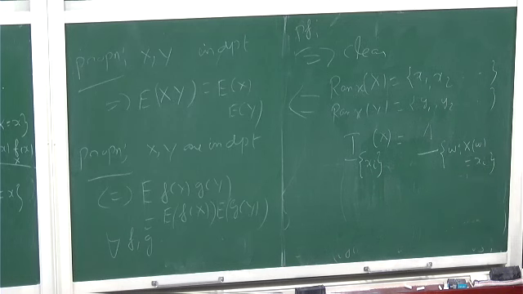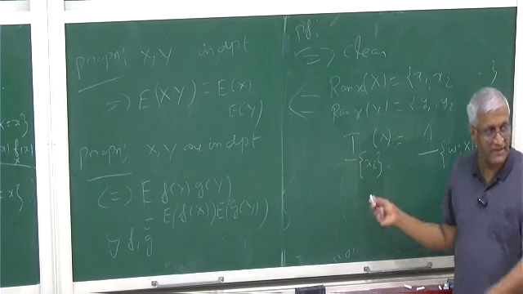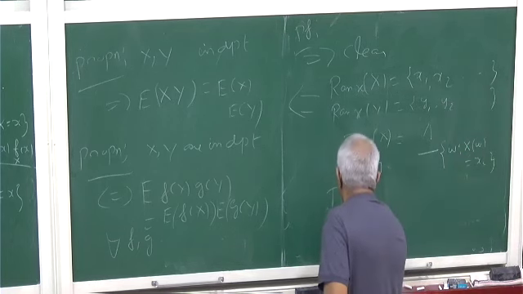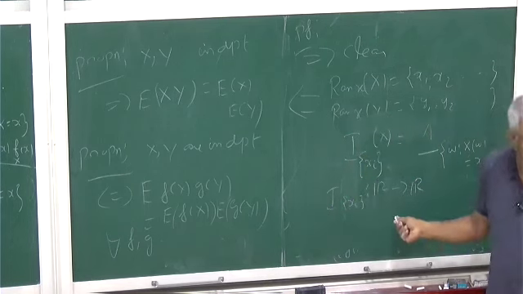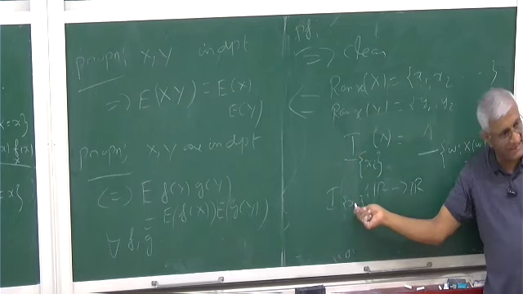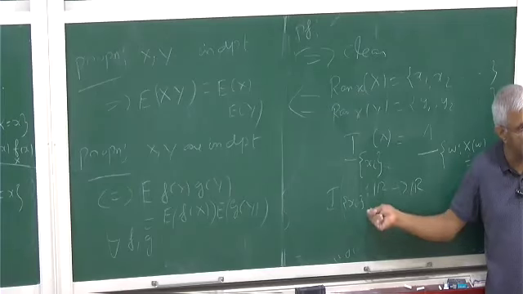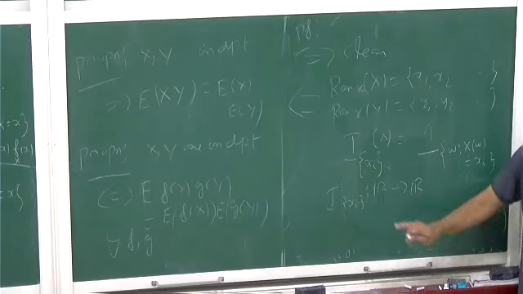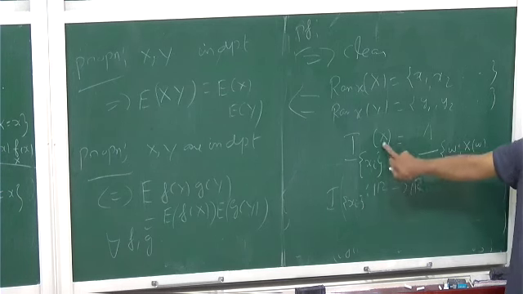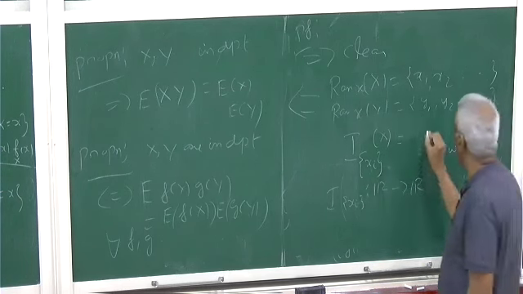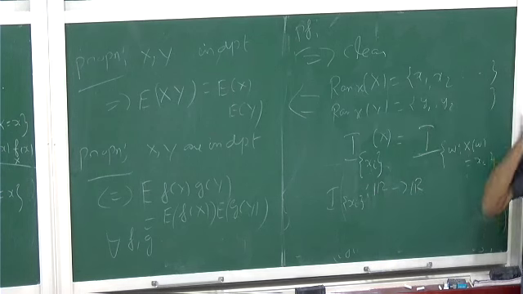This is a function. The indicator function of xi is a function from R to R, right? It takes the value 1 at xi and 0 everywhere else. That is what this indicator function is. The indicator function of this set is from the probability space.